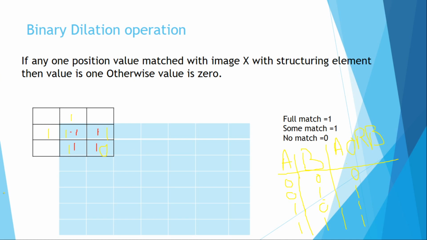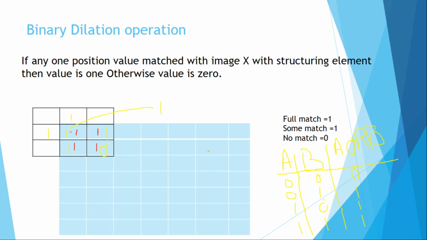In this scenario, 1 1 is matching, 1 1 is matching, 1 1 is matching, and 1 0 is not matching. If any one value is matching, it goes directly to 1. So I can say the resultant dilation value in this position goes for 1.